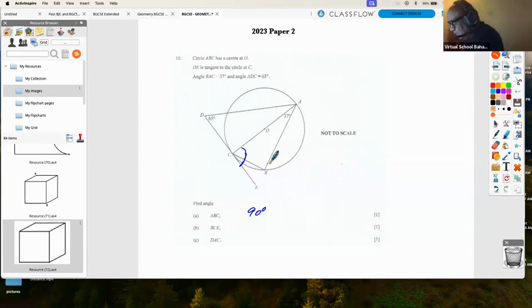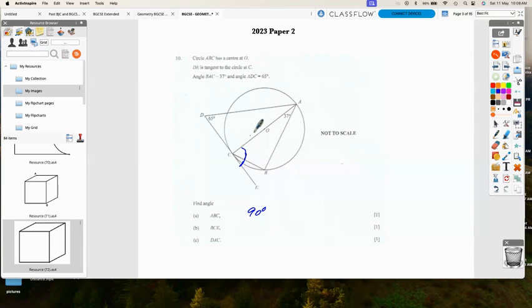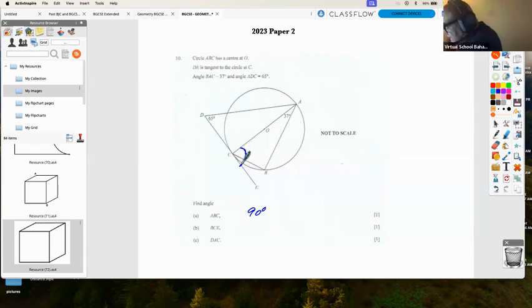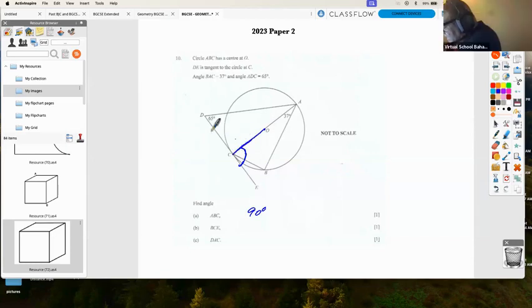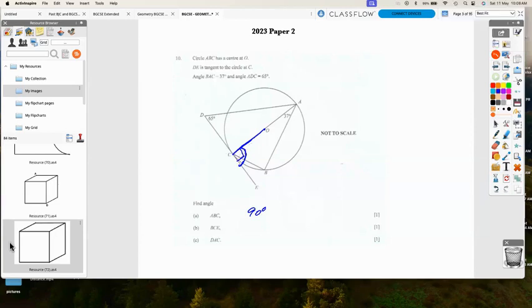We can do it 2 ways, but I'm going to show you something. Remember earlier, a radius and a tangent forms a right angle, right? Good?